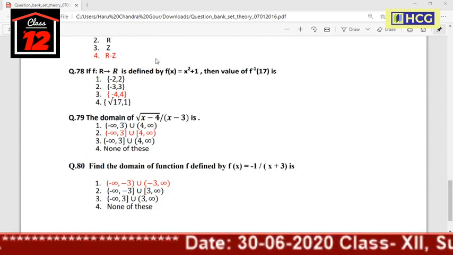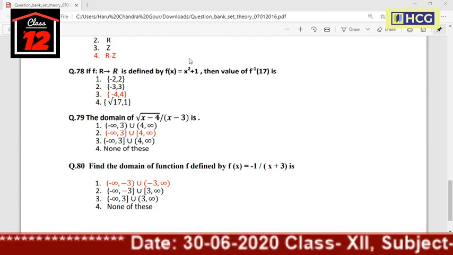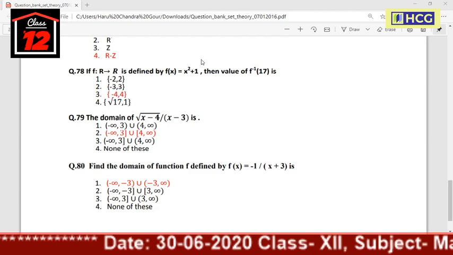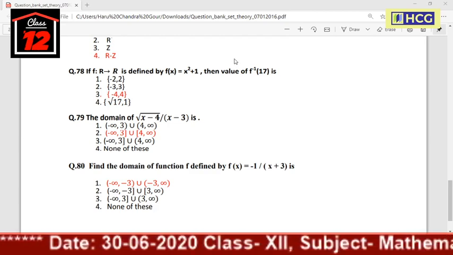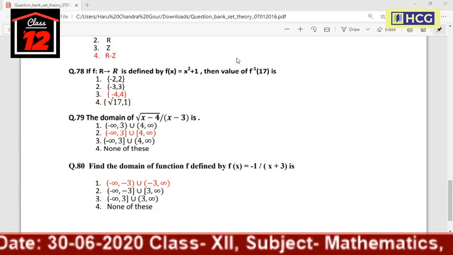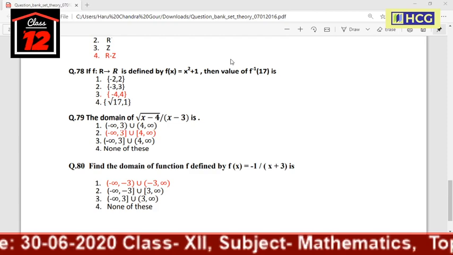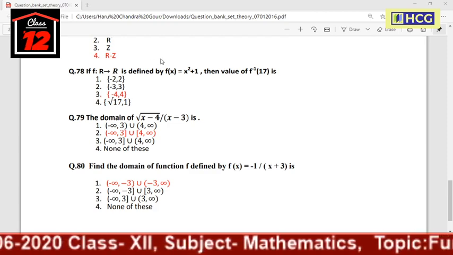Now another example, question number 78. If f from R to R is defined by f(x) equals x square plus 1, then find f inverse of 17. That means 17 is an element in the codomain set under f.